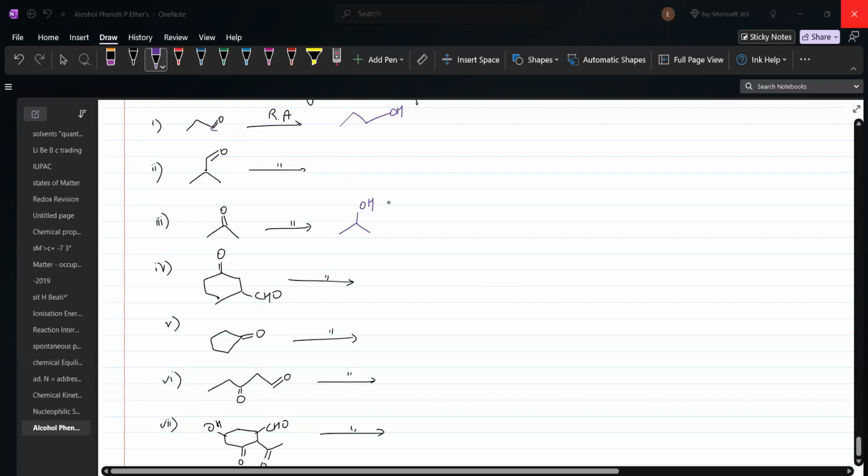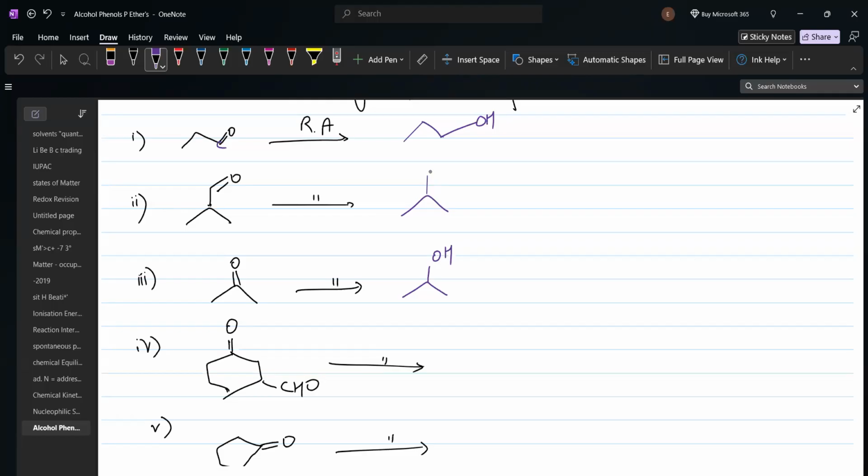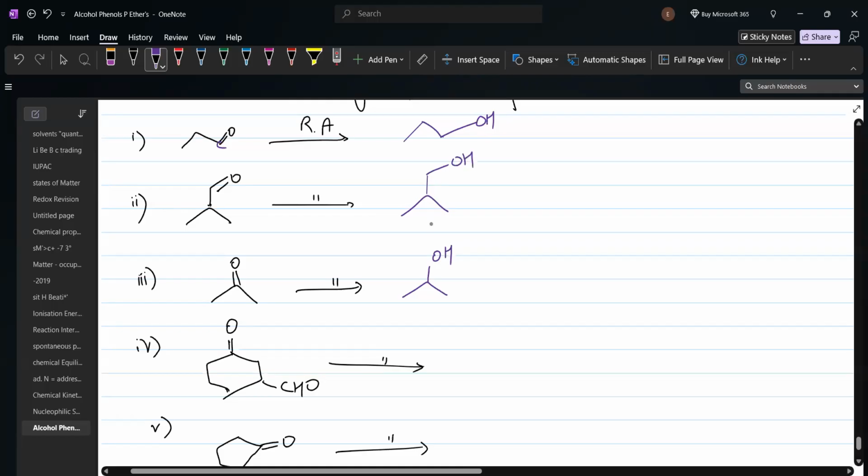Okay, so I hope everyone has got the correct answer. Let's draw. When we have this, this carbon and this oxygen double bond will break, and this will form OH, right? So this one is the final product. Yes or no? Yes, sir.